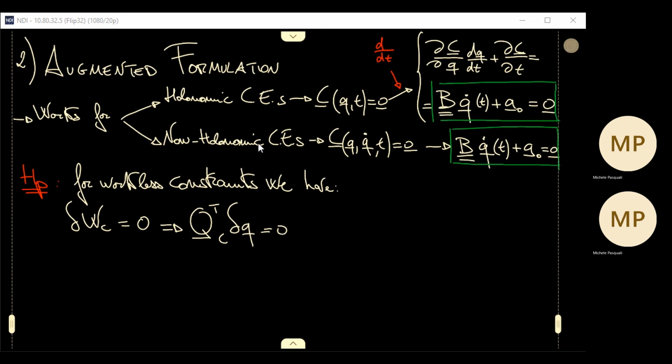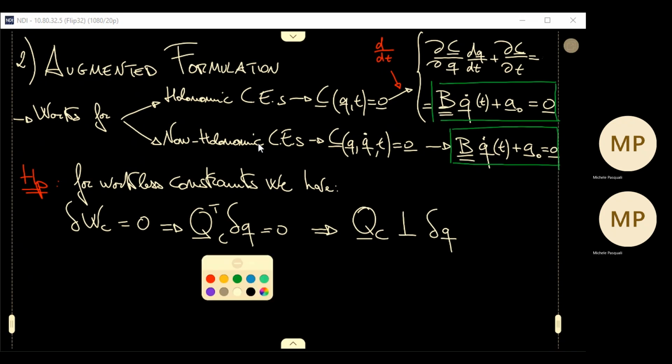Okay, so this is the vector of contact forces, generalized contact forces.